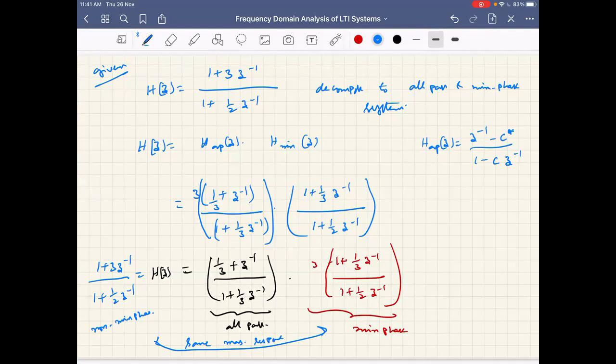But this H minimum phase will enable us to design a system that has the same magnitude response as this H(z), but a different phase response. The phase response is determined by this all pass filter. The all pass filter only has a contribution in the phase response, but the magnitude response of this all pass system is 1.